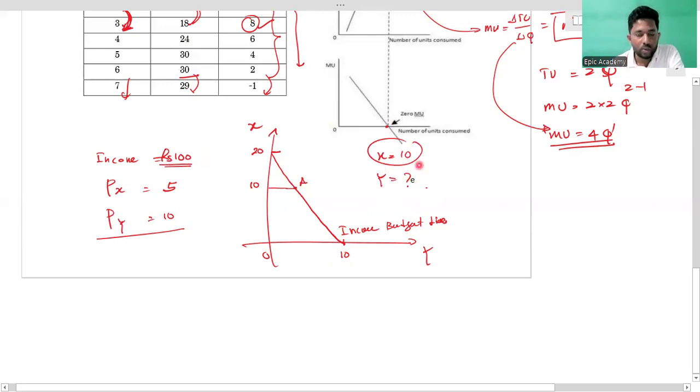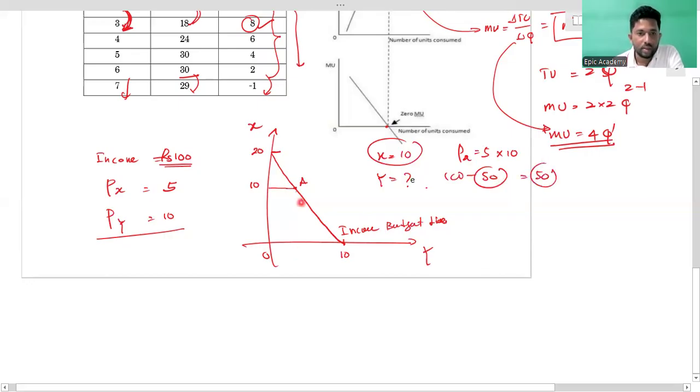If you consume 10 commodities of X, and the price of the X commodity is 5 rupees, then 10 multiplied by 5 becomes 50 rupees. Then 100 minus 50, you have only 50 rupees to consume Y commodity.